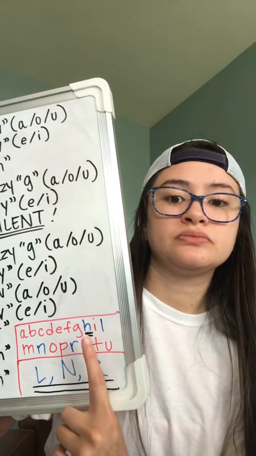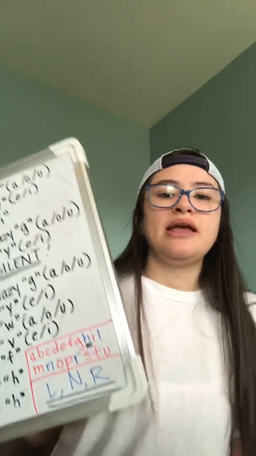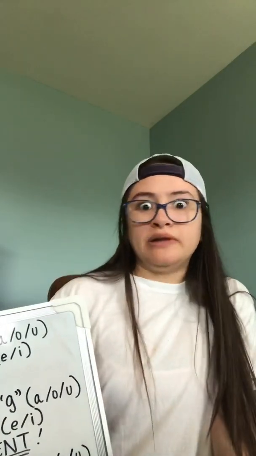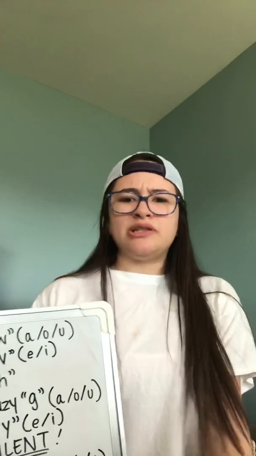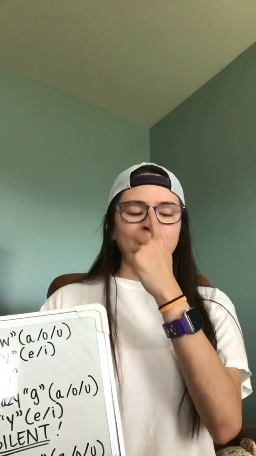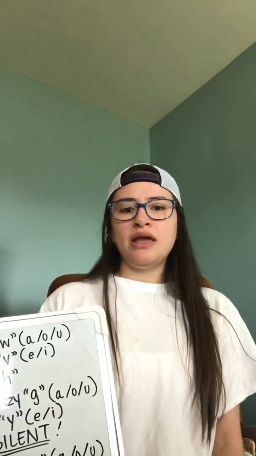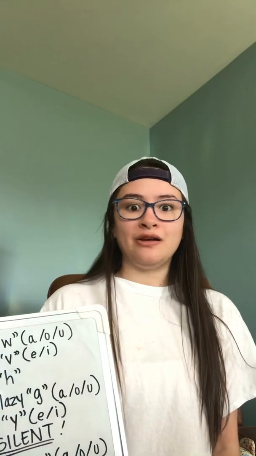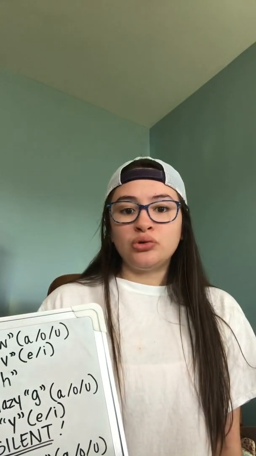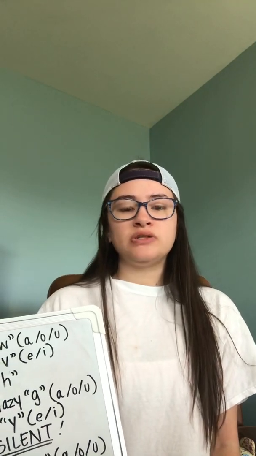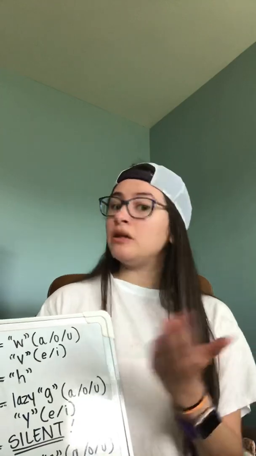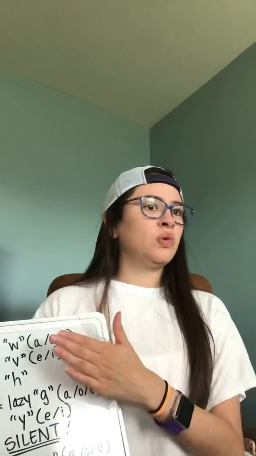H is interesting. It is technically a part of the alphabet. Of course, it can't be lenited because you can't add an H to an H. That'd be weird. But to me, it seems like it's not a standalone letter. It's like a helper letter. You can use it to lenite words. You can use it to change the sound of words very similarly to lenition in the middle of a word, at the end of a word.